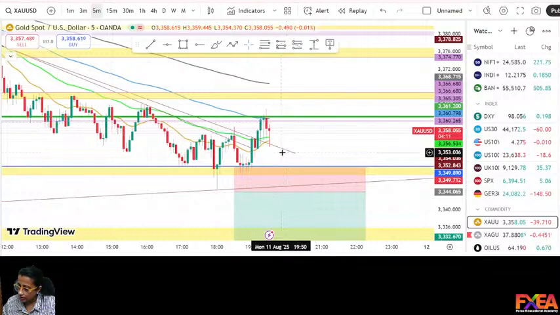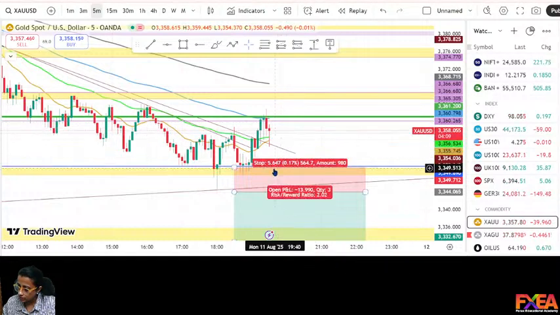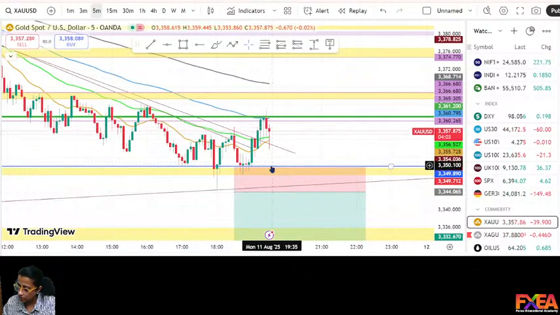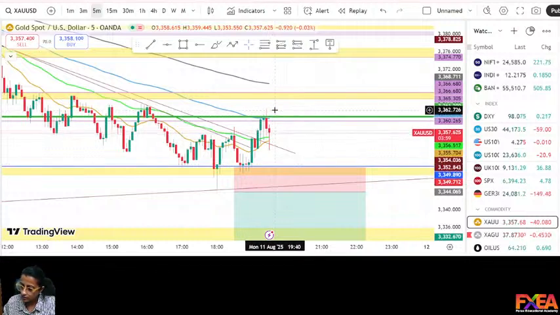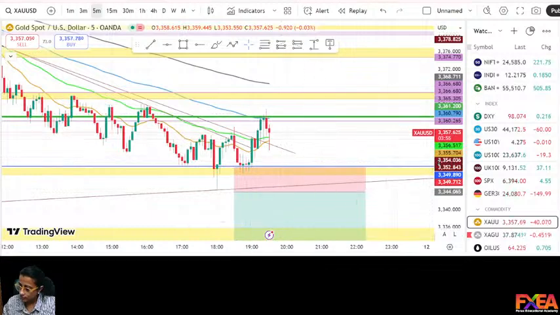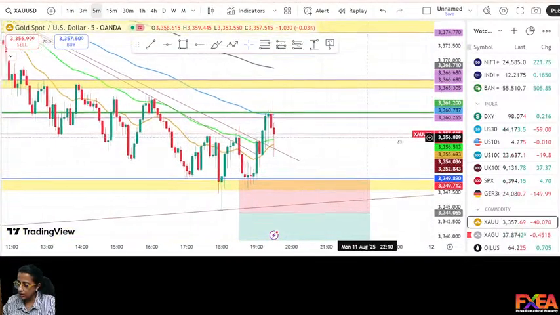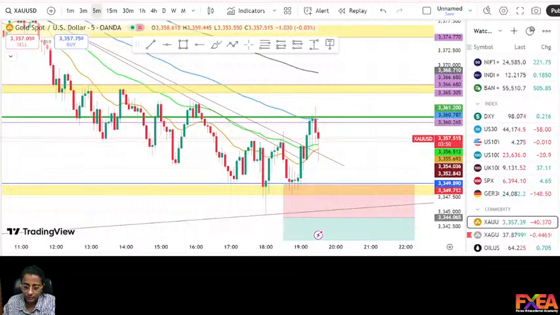And if gold comes down, I will cut the trade at this level. If at all gold is going up, I will just cut the loss here. Okay, let us wait and see what is happening with gold.